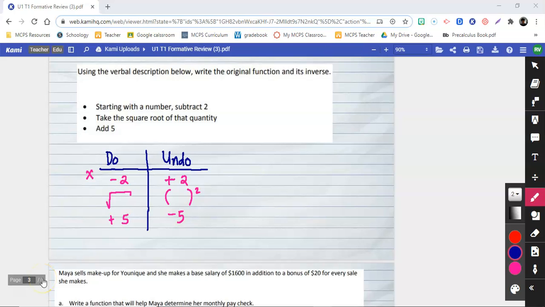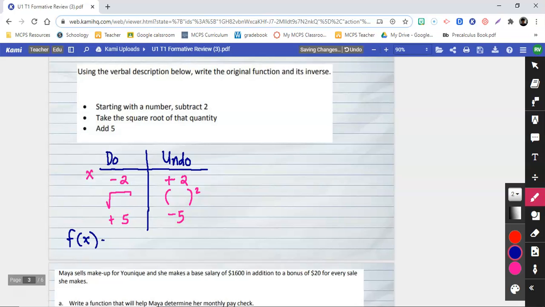Now that we completed the do and undo chart, we are ready to write the original function and its inverse. Let's write the original function using the verbal description we have on the do side. Let's use f of x as our function notation for the original function.